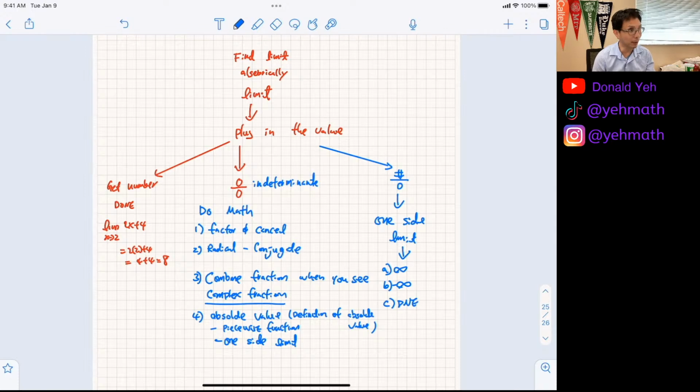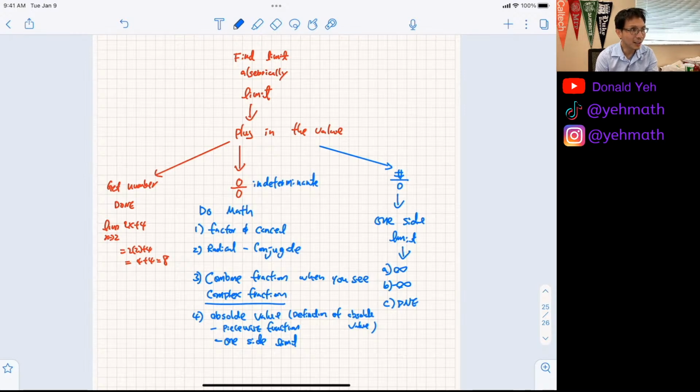One more thing for the big picture: you're going to see something called L'Hopital's rule, which you're going to learn later in the year after you know how to take a derivative.